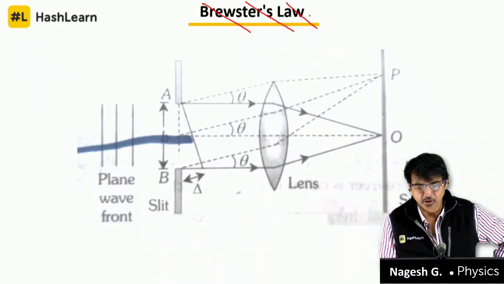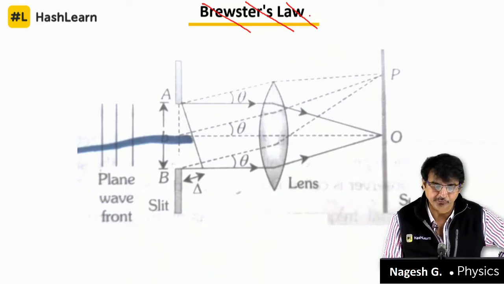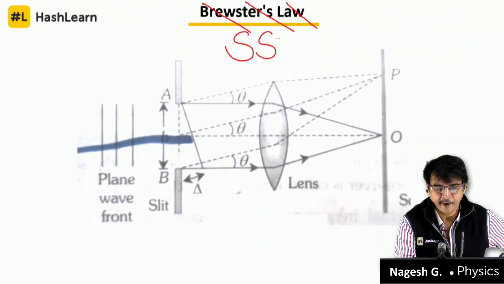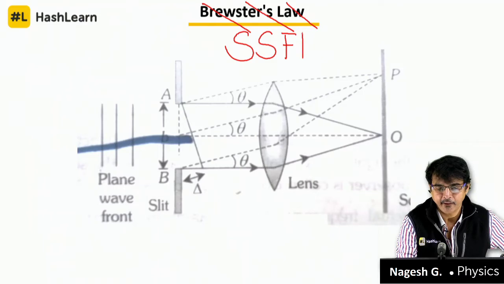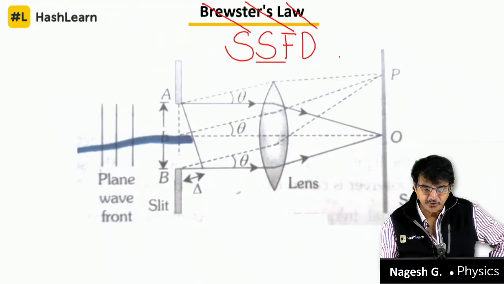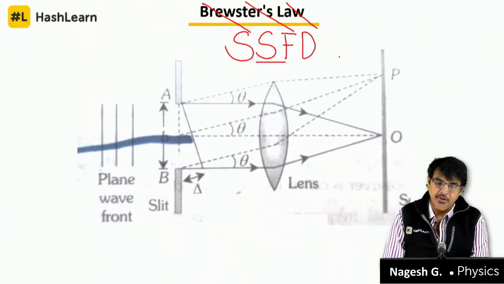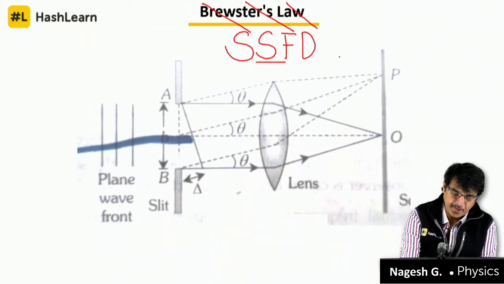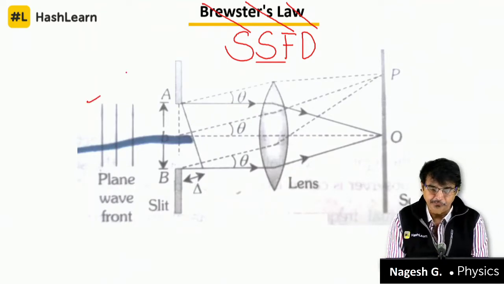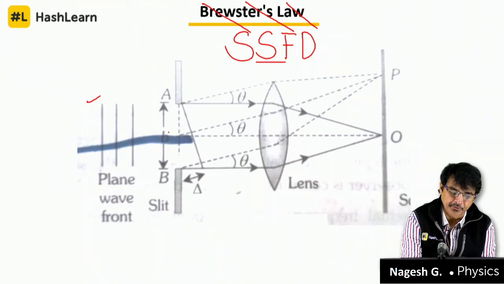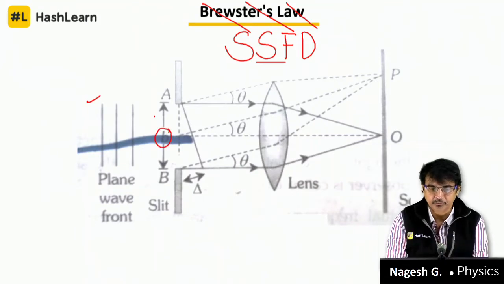Now we have the concept called Fraunhofer diffraction, single slit Fraunhofer diffraction, SSFD. This is the geometry of the single slit Fraunhofer diffraction. Here we have taken a plane wavefront, and this plane wavefront is incident on a slit having a width of b units.